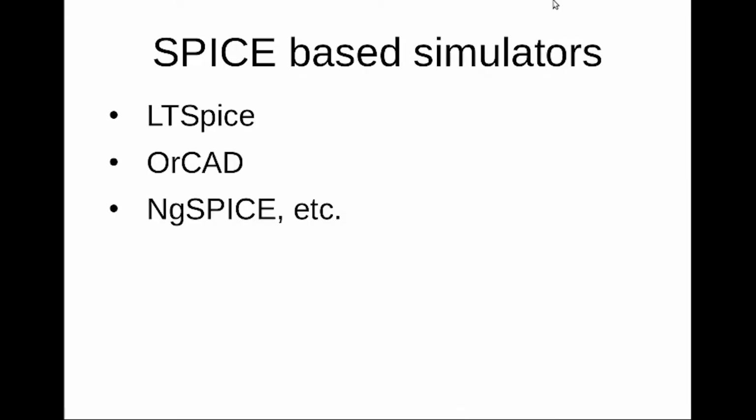Okay, so now we will look at the other kinds of simulators, basically spice based simulators. Some of the examples of these are LT Spice, OrCAD, ngSpice, etc. ngSpice is an open source and free version of Spice. OrCAD is a commercial one, and LT Spice is a proprietary but free spice based simulator which is widely used by the industry.